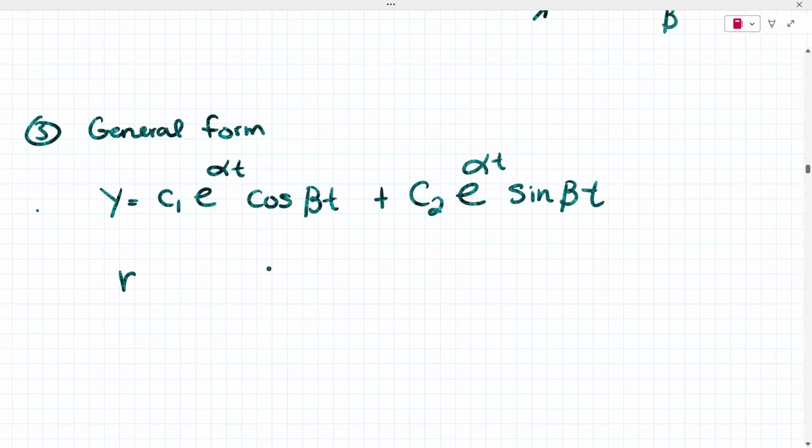Okay, so if R equals negative 3 plus or minus 1/2 i, my alpha is negative 3, and my beta is 1/2.